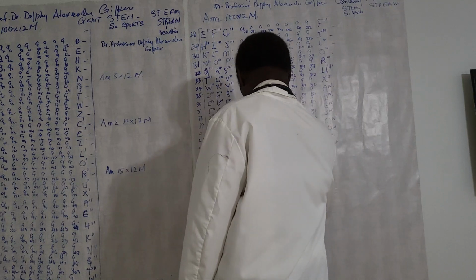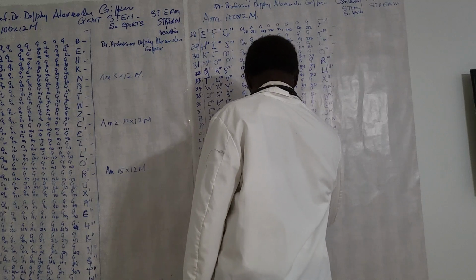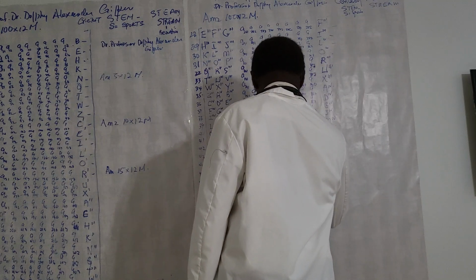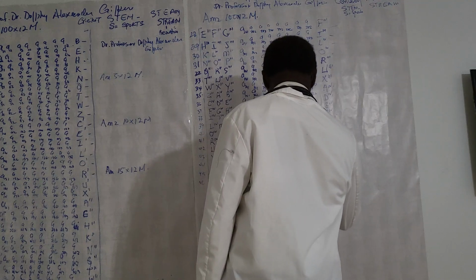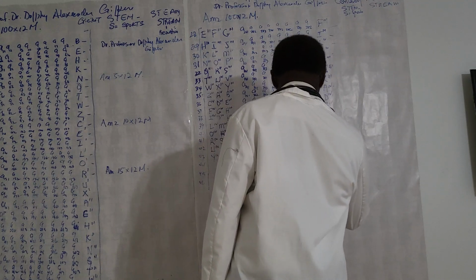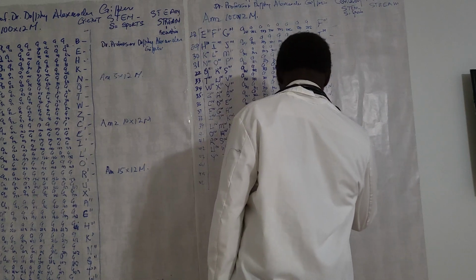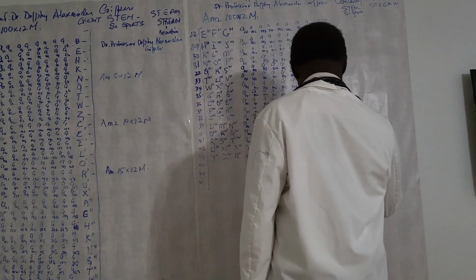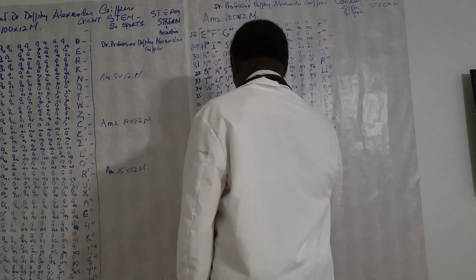So I have now A43-1, A43-2, A43-3, A43-4, A43-5, A43-6, A43-7, and A43-8. And we have now Z44.